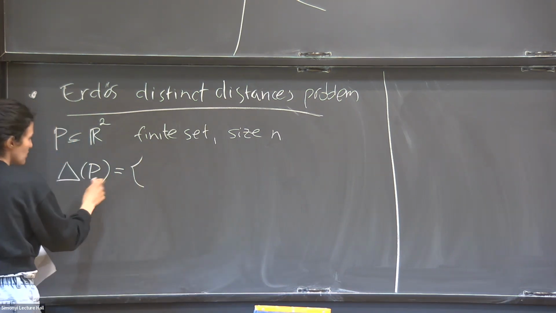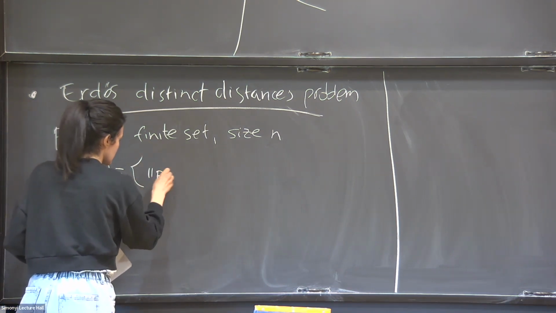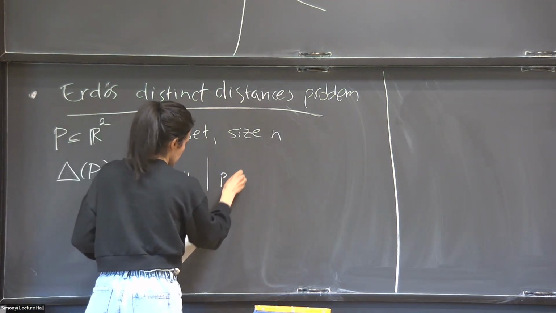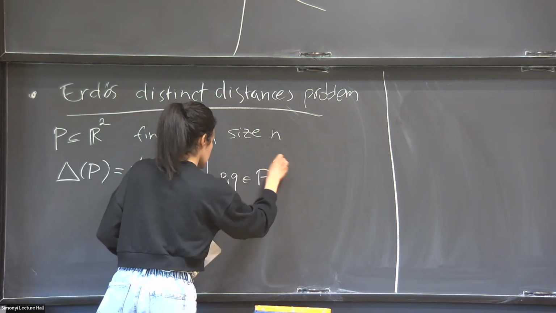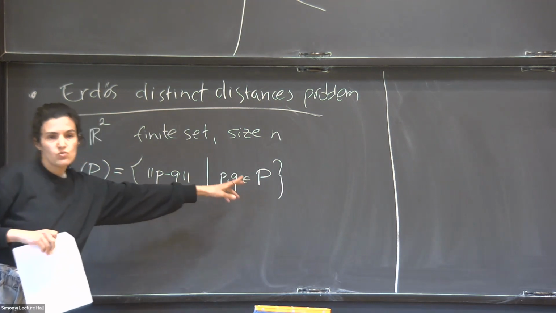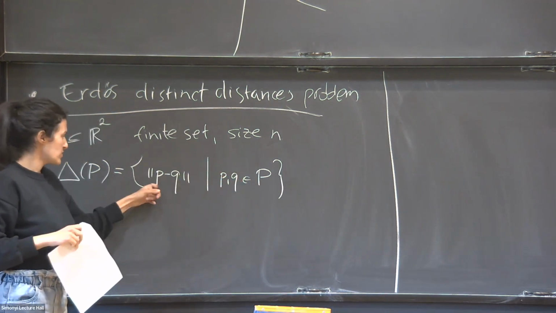So delta of P will be the pairwise distances between p and q in P. So similar to before, we have a set of size n. We consider n squared pairs, and we look at the distances that they span.